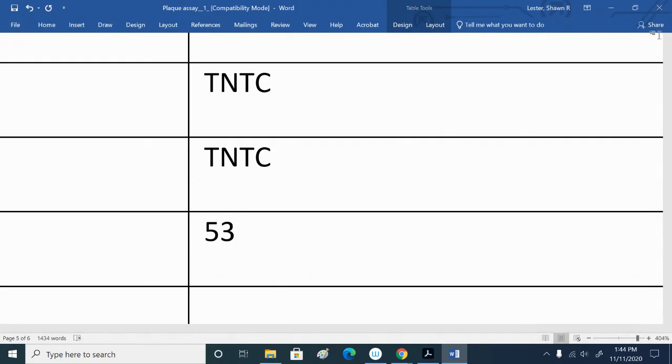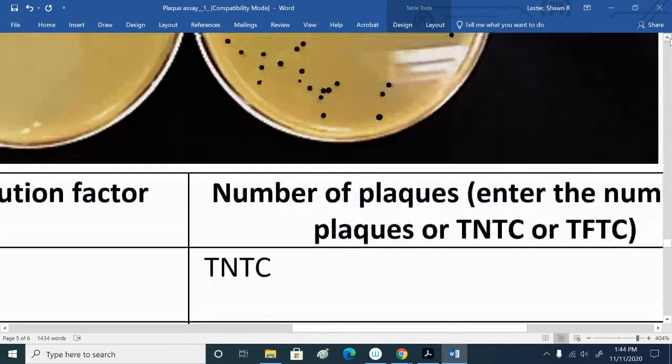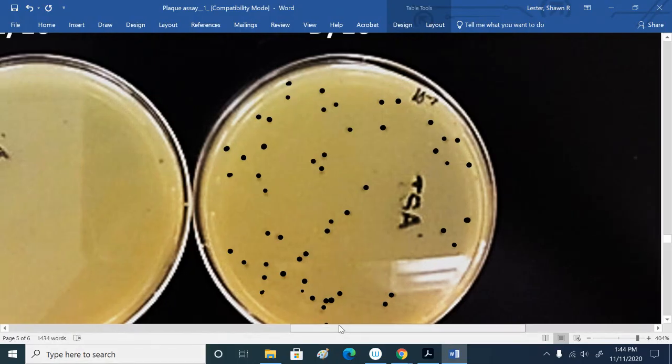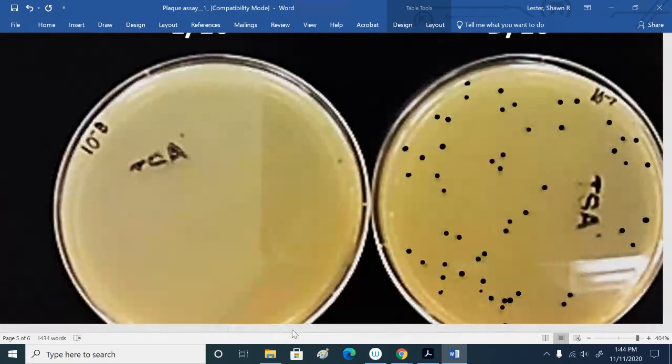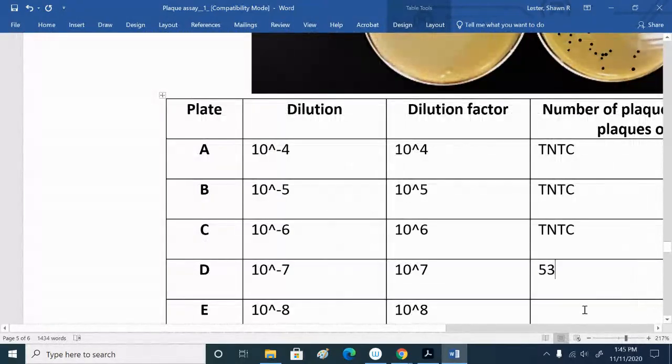And what about the last plate? Probably too few to count. Too few to count.